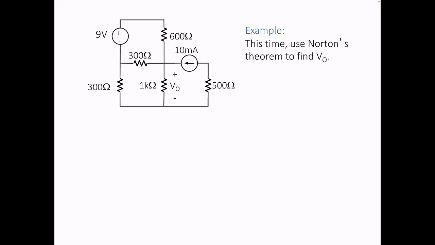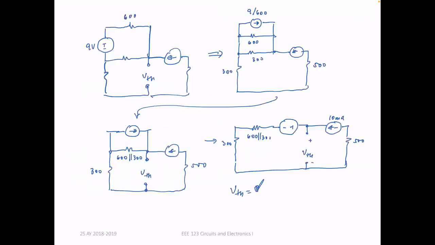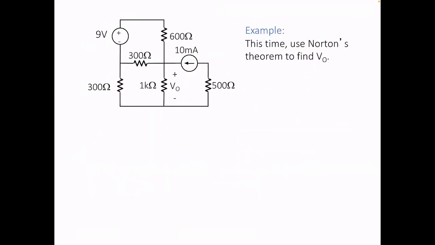So you take out the load, you replace it with a short circuit, and then you get the Norton current that is flowing. Anyway, at the end, no, we're supposed to determine V sub O. Kapag nakuha na natin yung either Thevenin equivalent or your Norton equivalent, isosoli lang natin yung load, which is the 1K. And then that will allow you to determine the value of V sub O. So again, just try that on your own.